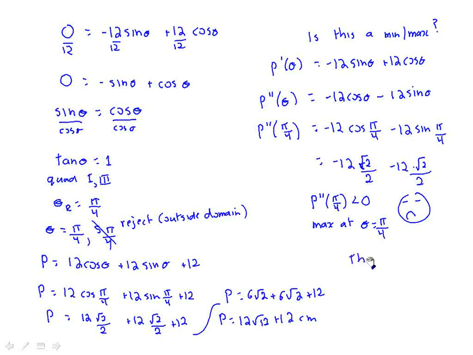So the maximum perimeter is 12 root 2 plus 12 centimeters when the angles are pi over 4 and pi over 4.